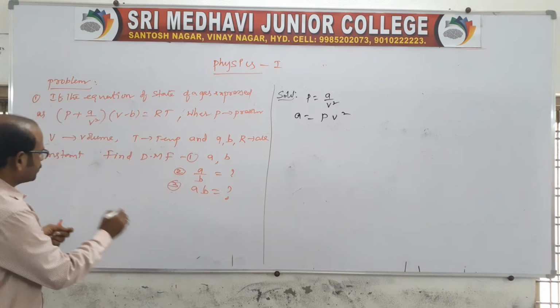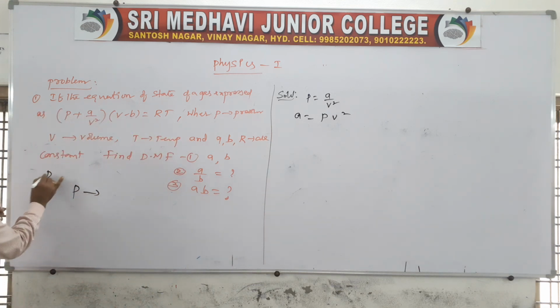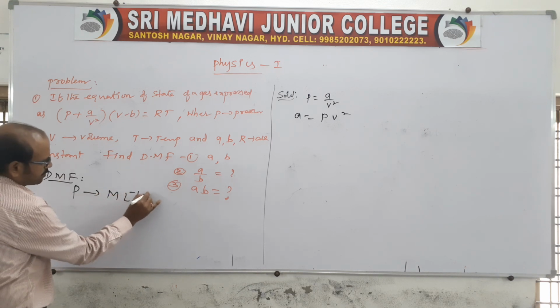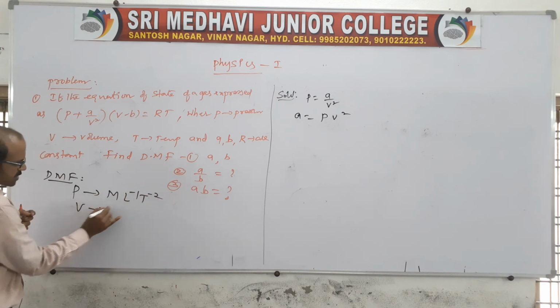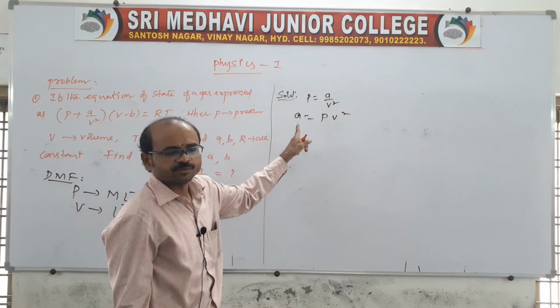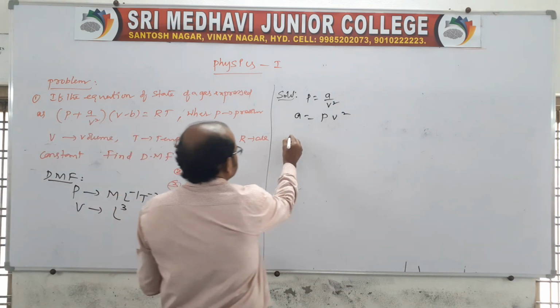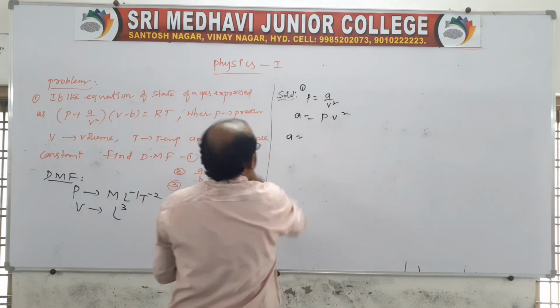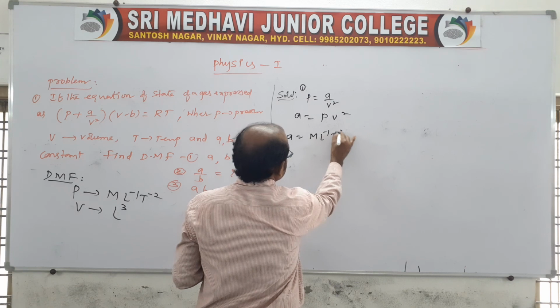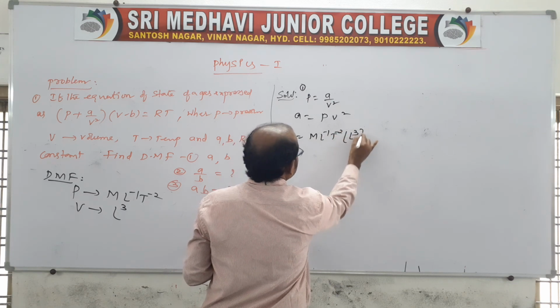However, we know the pressure dimensional formula, DMF I am writing now: pressure is M L inverse T power minus 2, and volume dimensional formula is L cube. There you write and get the value, because it is asking for the A and B dimensions. So, A is equal to pressure M L inverse T power minus 2 and volume L cube square.